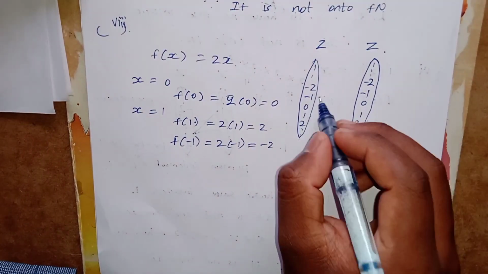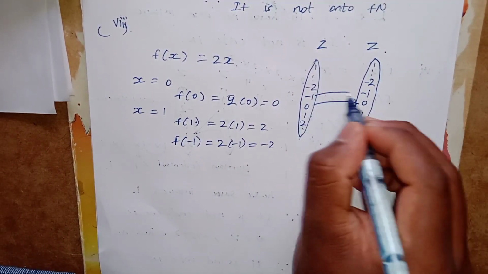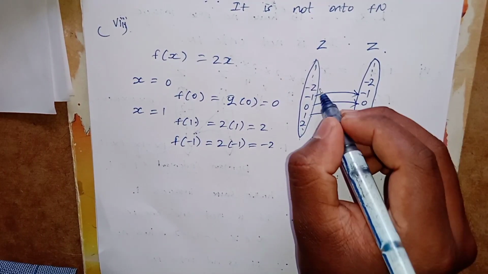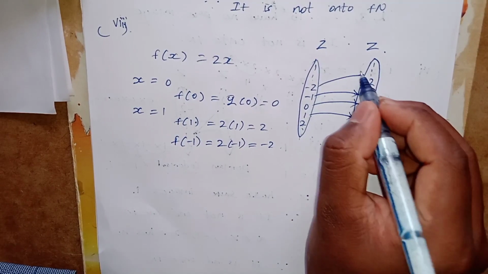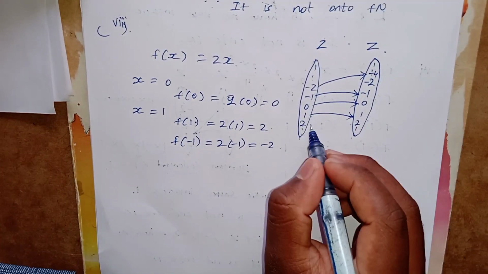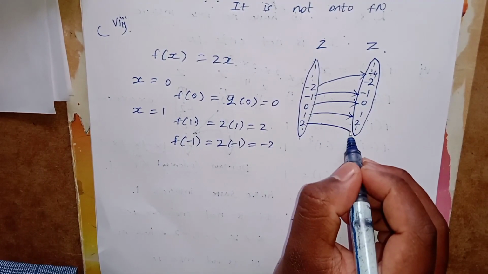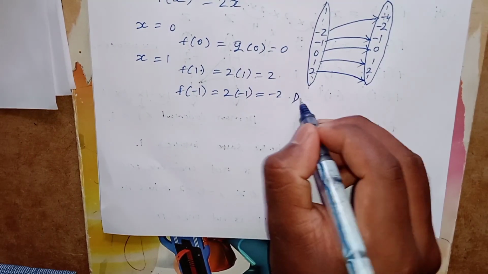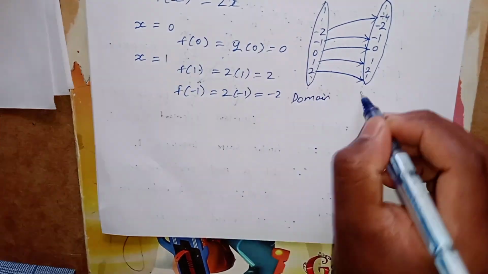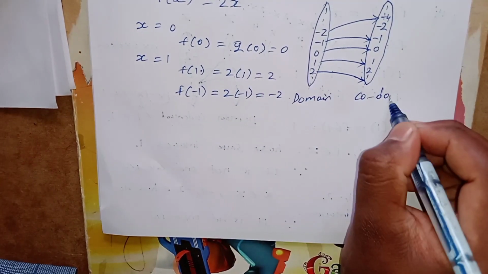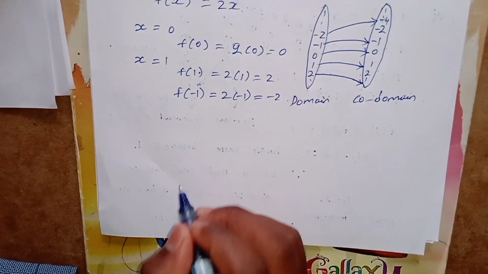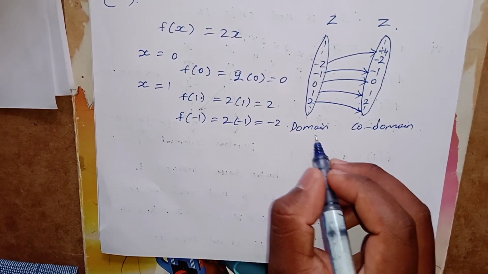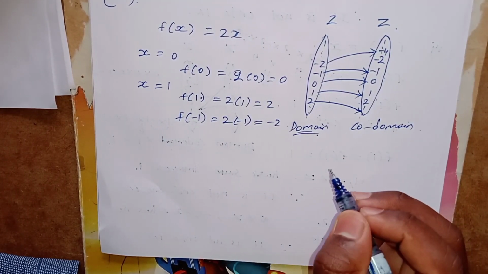Therefore, here for -2 we get -4, for +2 we get +4. Domain and codomain. Okay, for checking whether it is a one-to-one function, we should see the domain.